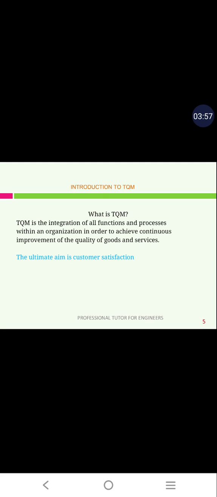You can see here that the ultimate aim is customer satisfaction. The ultimate aim of implementing total quality management in a company is mainly to satisfy the customer. Finally, the customer has to get satisfied. So this is called TQM.